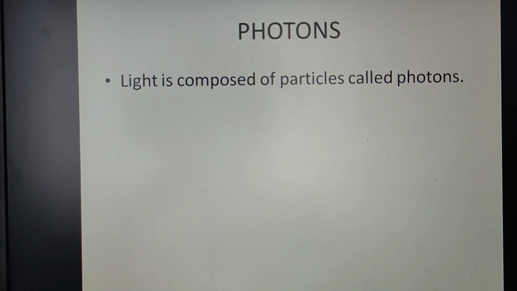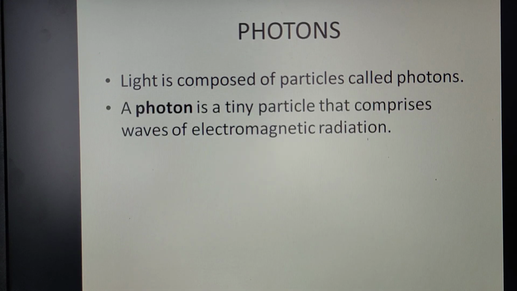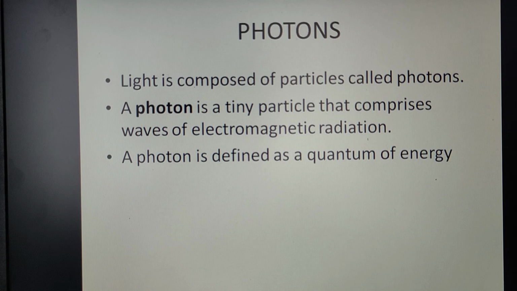A photon is a tiny particle that comprises waves of the electromagnetic radiation. That means each wave is composed of tiny particles of photons. A photon is also defined as a quantum of energy, that means a packet of energy.